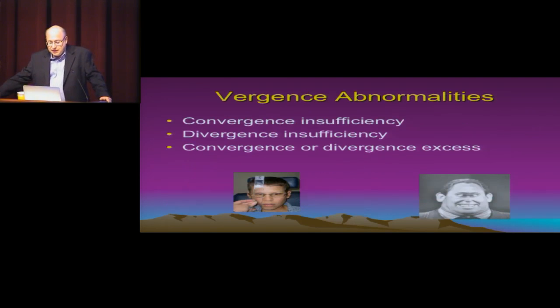Convergence abnormalities, convergence or divergence insufficiency. We see that a whole lot in our clinics. Divergence insufficiency, a huge problem in older people who can't diverge, have a little esotropia at distance, not at near.